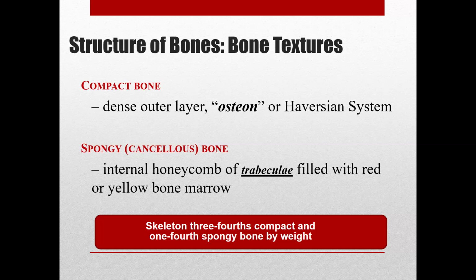Spongy bone is made of what's called trabeculae. That's what we say is the orientation of it, the framework of it. Maybe that's a better word. So the framework of compact bone is a bunch of osteons. The framework of spongy bone is trabeculae. So guess what? If you get any questions about trabeculae, what are you thinking? Spongy bone. Get any questions about any osteon? You're thinking compact bone.